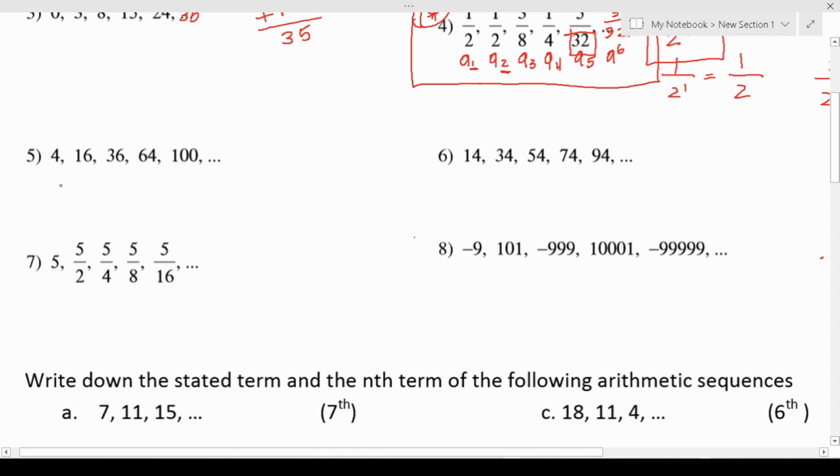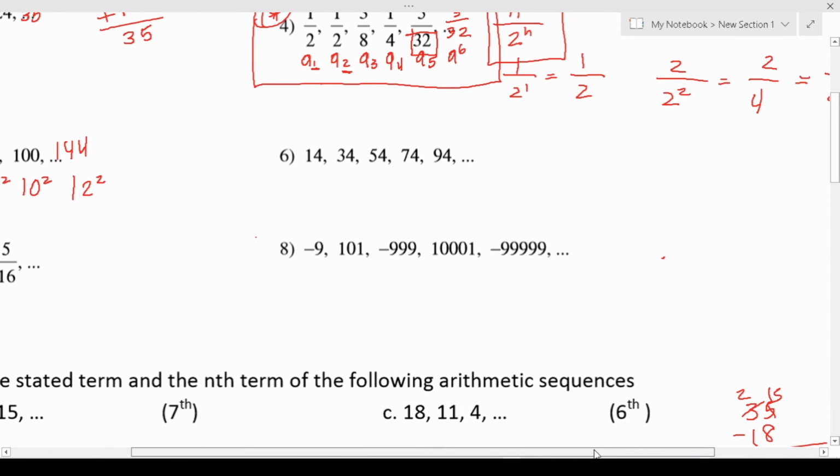In fact, 4 is the same as 2 squared, 16 is the same as 4 squared, 36 is the same as 6 squared, 64 is 8 squared, 100 is 10 squared. So I know the next term in this sequence is going to be, and again, these are even, so 2, 4, 6, 8, 10. It's going to be 12 squared, which is 144. Okay, so that one wasn't too difficult.